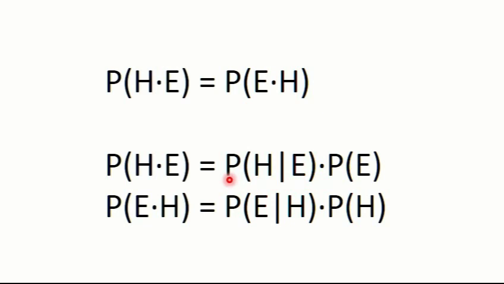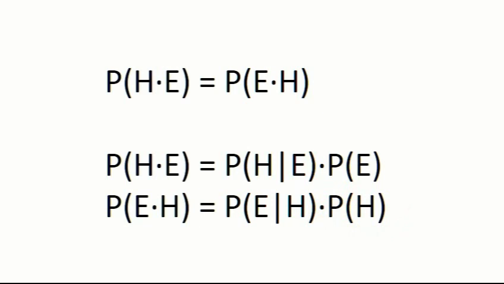The probability of H given E is equal to the probability of H times E divided by the probability of E. In the same way, the probability of E given H is equal to the probability of E times H divided by the probability of H.